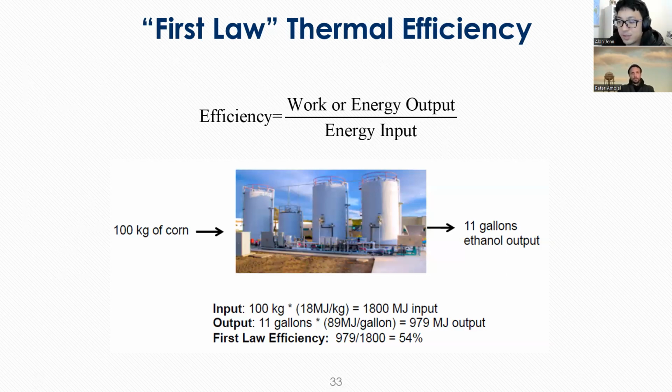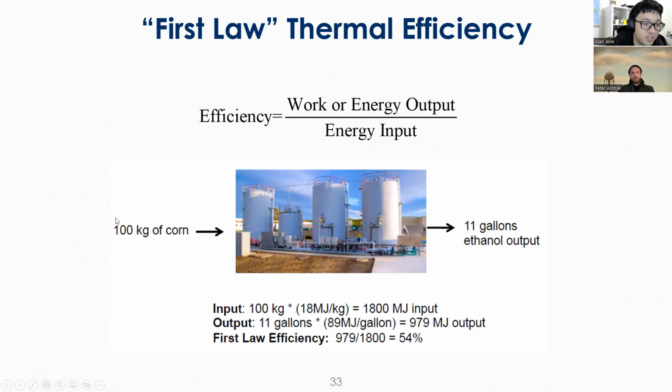by going to energy. And so if we know the energy content of 100 kilograms of corn is 18 megajoules per kilogram, or 1800 megajoules, and the output is 11 gallons of ethanol, which has an energy content of 89 megajoules per gallon, then you would have 979 megajoules of output. And so the efficiency of this process would be 54% efficient.